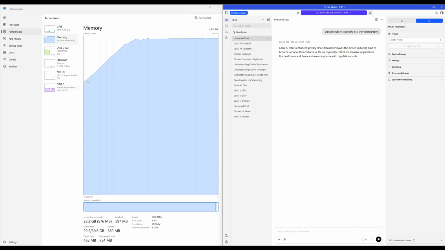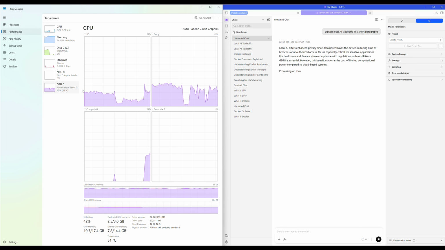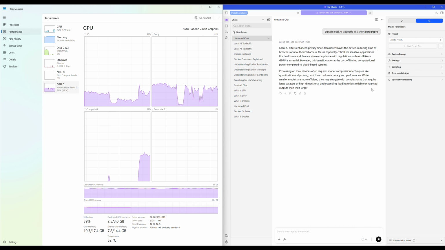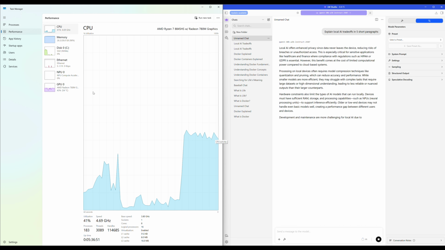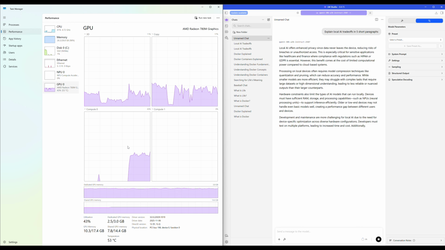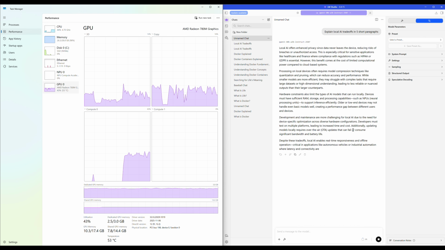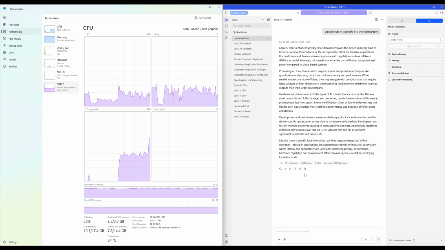What you see here is in real time, really good. And the result is 11 tokens per second. So yeah, that's it for this machine.